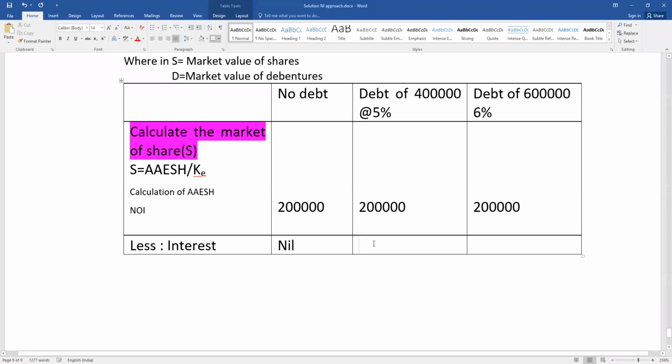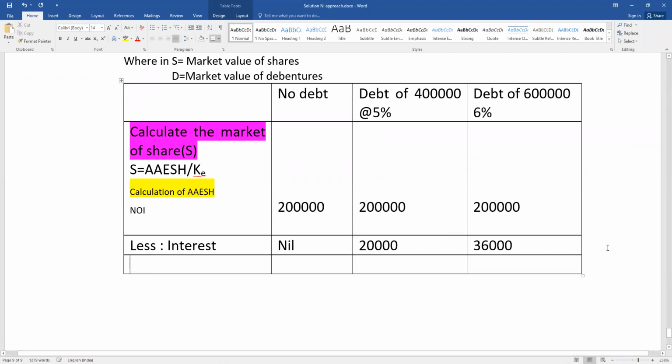So how much is the interest here? 4 lakh into 5%, 20,000. I want a reply, please. 6 lakh into 6%, 36,000. So listen, we are calculating the amount available to the equity shareholders. You take NOI minus interest. You are going to get your amount available to equity shareholders.